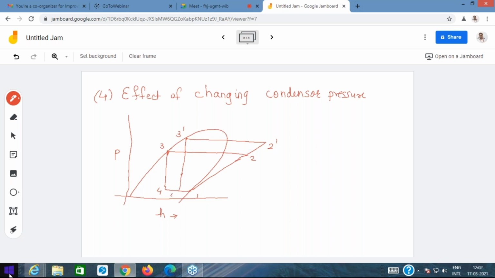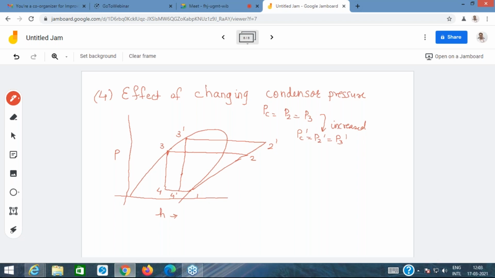So look at this. The usual discussion you would do. Let me first write down what was the condenser pressure earlier. The condenser pressure earlier was P2 equal to P3, and now it is increased to P2 dash. So the new condenser pressure P2 dash is equal to P3 dash.